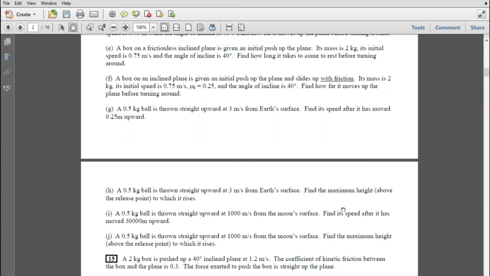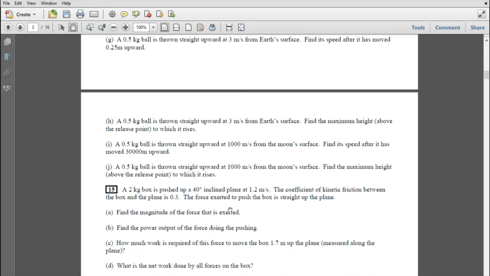And so this is find its speed, find its maximum height. Both of these we would do a similar way, and I would use the system ball plus moon with gravity being an internal force. And there's no air resistance on the moon, so we don't have to worry about it being not negligible.